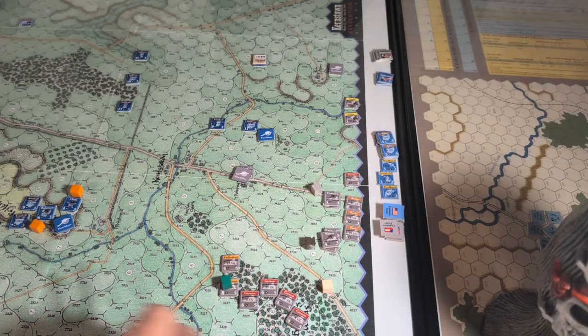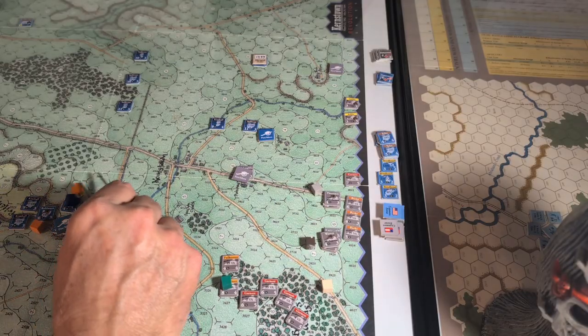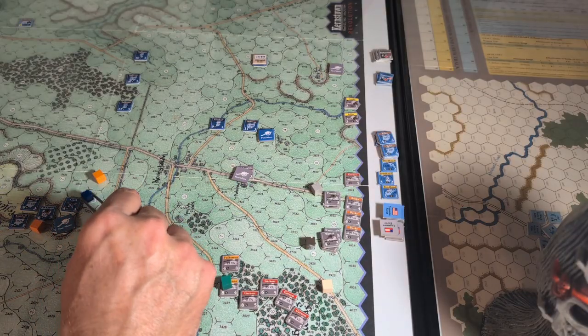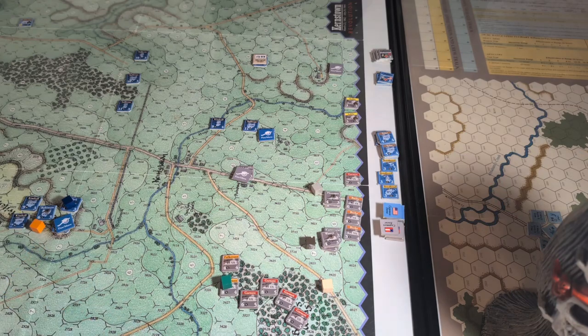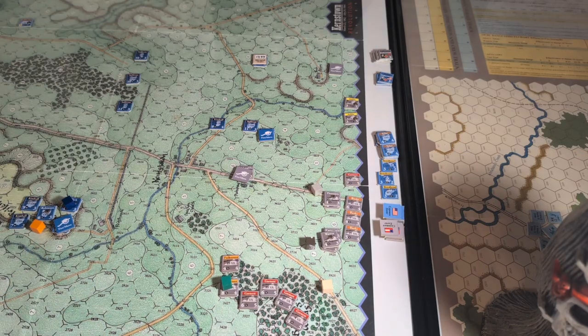Again, that's 9. So if we use Clark here, that would be 9. That's going to be long range. And it'd be firing with a strength of 2.